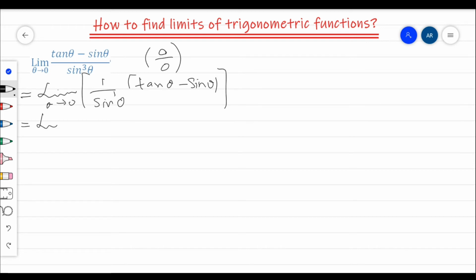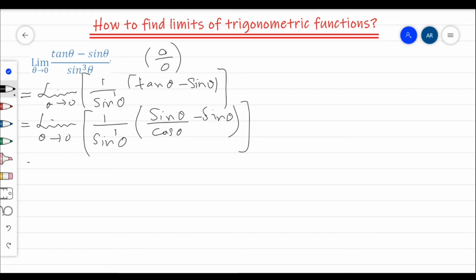Now limit theta approaches 0, 1 by sine cube of theta as it is. Tan theta: the tangent function is the division of sine of theta by cos of theta. So we can rewrite it like this, minus sine of theta as it is.